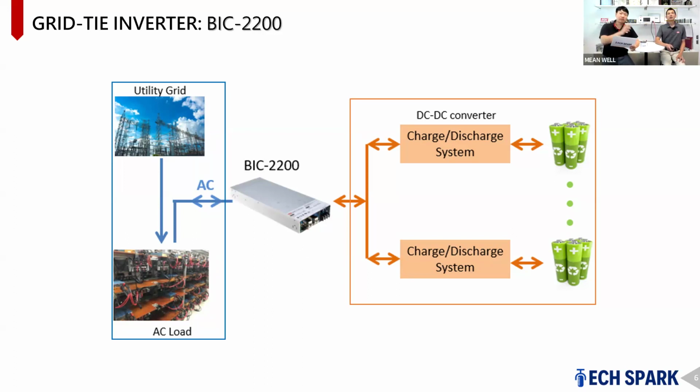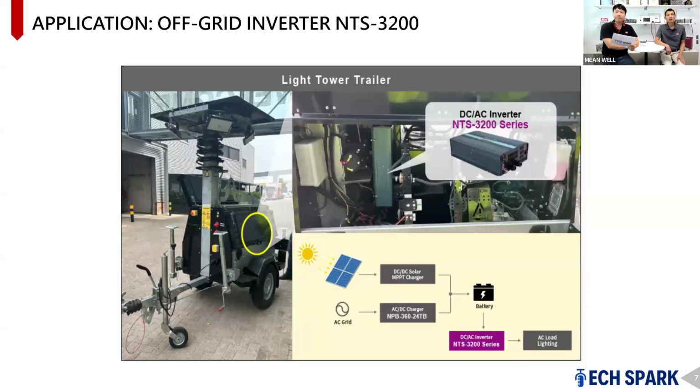All right, so we talked about the different and exciting products. Can you give us some application examples on how the inverter products are used in our daily life? Okay. Here is another upgrade, the NTS 3200. Like I said earlier, portable equipment, portable workstations and portable carts are the most popular applications for the non-grid tie inverter. On the slide is a light tower.